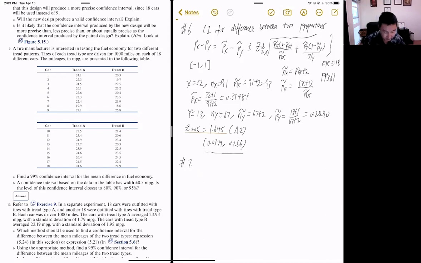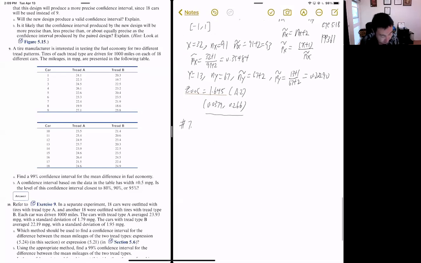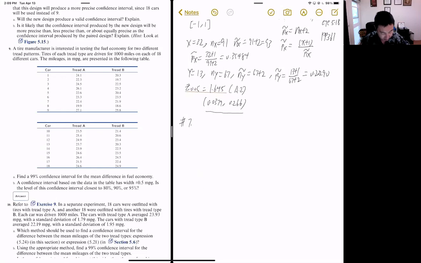So we have 18 pairs, and the table shows the mileage in MPG for the 2 types, chap A and chap B. So we have 18 pairs of data. First of all, let me use the equation for that. This is the CI for paired data.